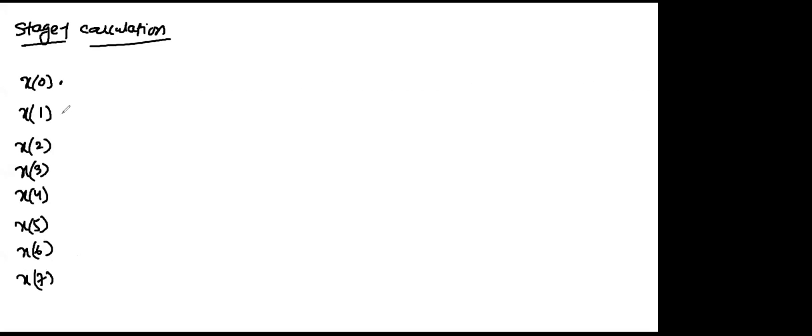Now this is your input. Input is same order. Like your DIT, you plot one line. Okay, now see I will do the butterflies. It's complete reverse. So what will happen in stage one?